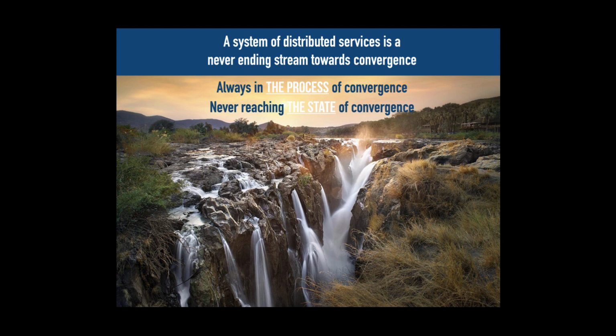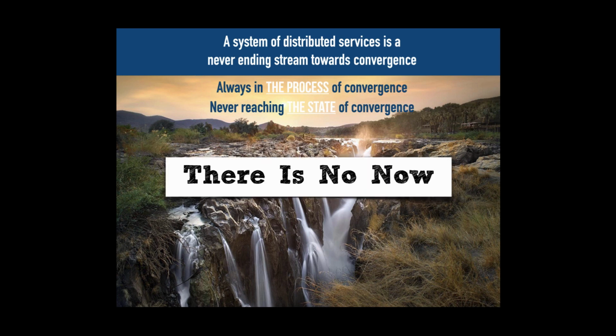In a way, the system is in constant motion, in a constant state of change. It's always trying to catch up towards full convergence, but it's never going to get there on a final, complete basis. Again, there really is no now. Everything is relative. Everyone's playing catch-up with everyone else, and so on.